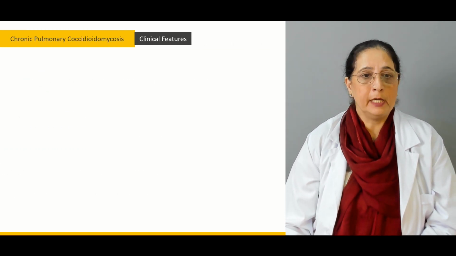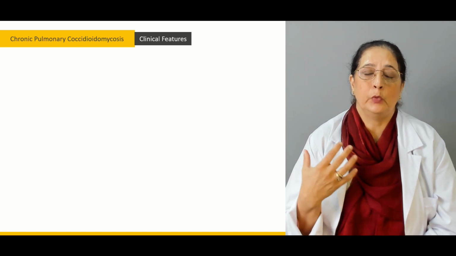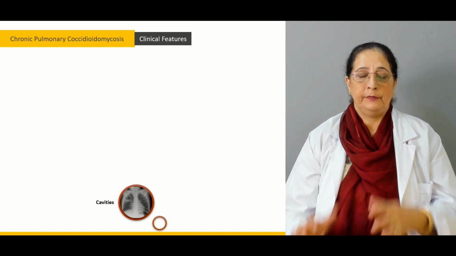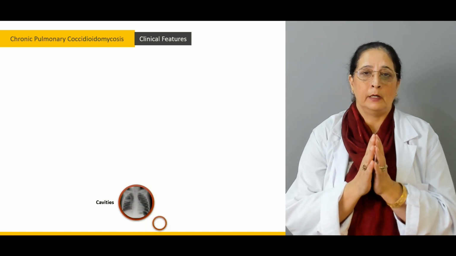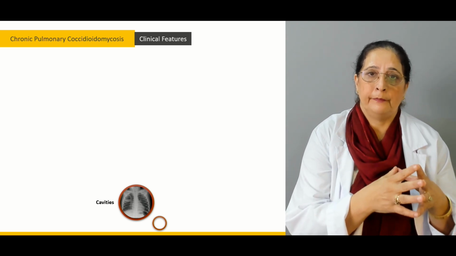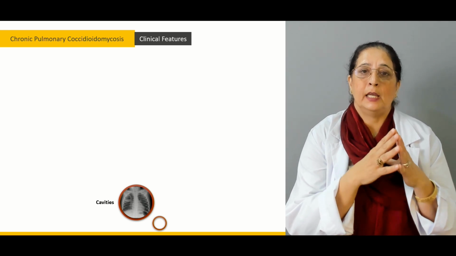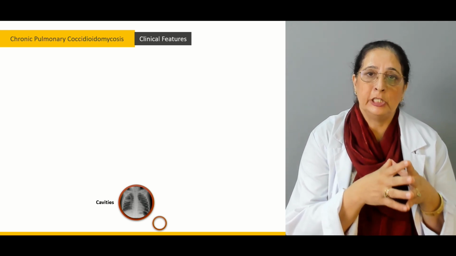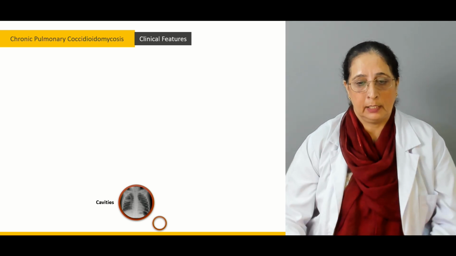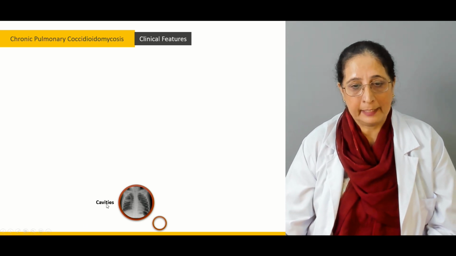Next, the chronic infection. What are the features associated with the chronic pulmonary infection? If the infection stays for a longer duration, we talked about the features of acute pulmonary infection and the cutaneous lesions. Now the chronic clinical presentations: there are cavities.